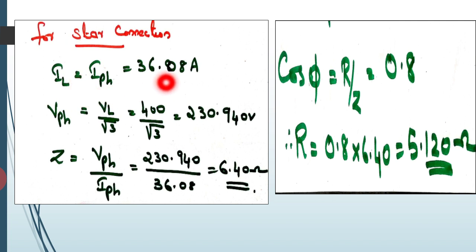So 36.08 ampere. Then V phase is equal to V line by root 3. So 400 by root 3, 230.940 is obtained. So from that, impedance Z is given as V phase by I phase, equal to 6.40.